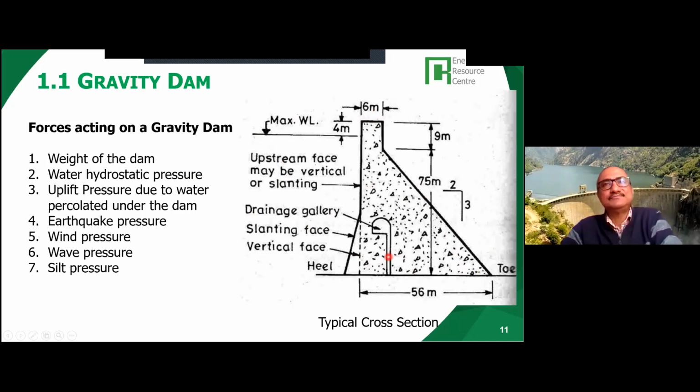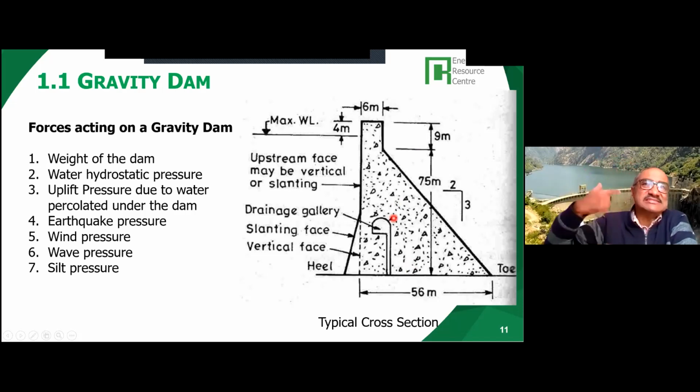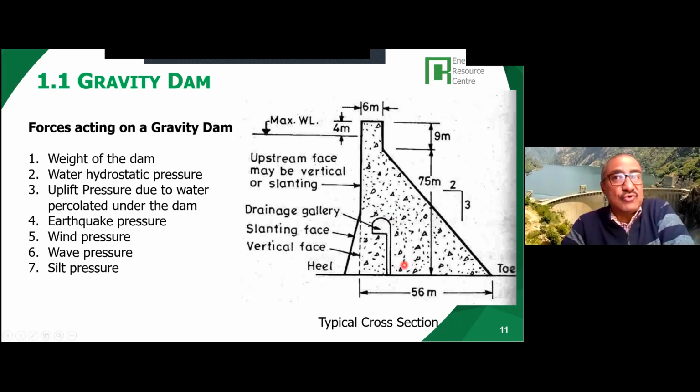Now, what are the forces acting on a dam? The main force is of course the weight of the dam, the weight of the concrete. The volume of concrete and the specific weight density of the concrete will give you the weight.